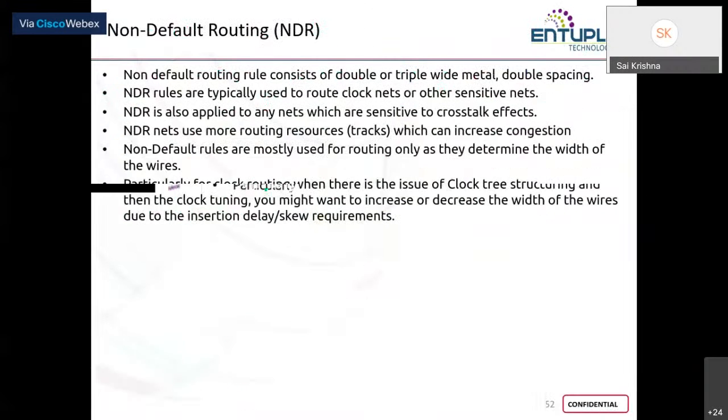Okay, and as I said, NDR is non-default routing. It is basically used for the clock tree, when routing the clock paths, to avoid crosstalk.